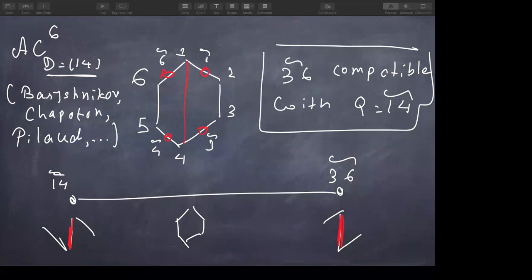So if you look at the figure below, you see that if you wanted to go from the edge 1, 2 in the original hexagon, not in the dual, to 4, 5, we can go through a connected path through 1, 4. That's the path that I've drawn here in the inverse Z shape. But if you wanted to go from the edge 2, 3 to 5, 6, there is no way you could go by a connected path involving 1, 4, because they are not adjacent to 1, 4.